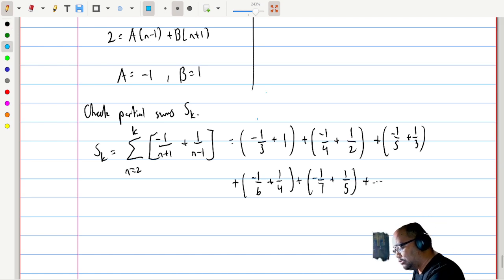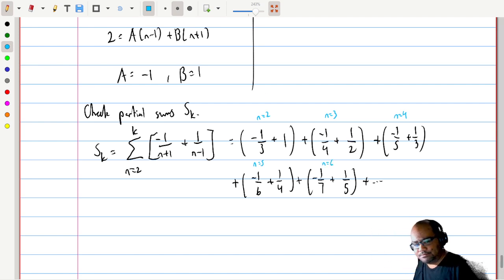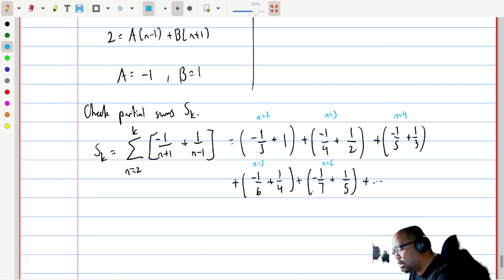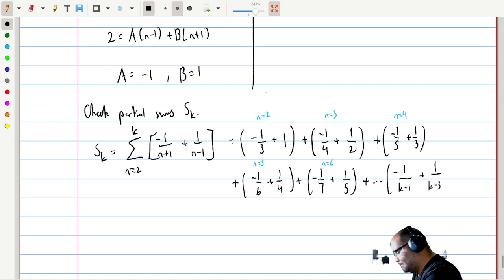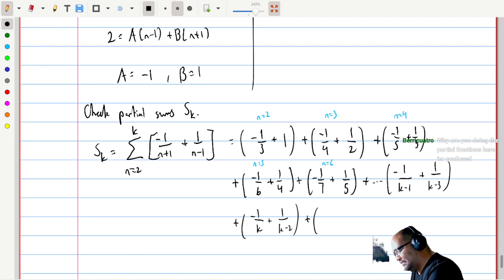So let me label here, that's for n equals 2, 3, 4, 5, 6. And now I'll do the k minus 1 stage, or actually, I'm going to do the k minus 2 stage. So this is k minus 2. K minus 1. And then the k stage.